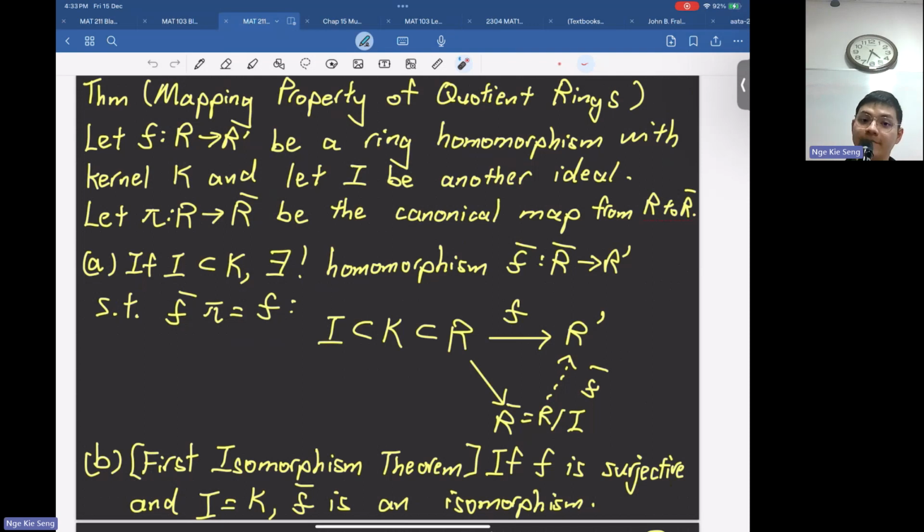So additive cosets partition the whole ring, right? That's right. Should be true.